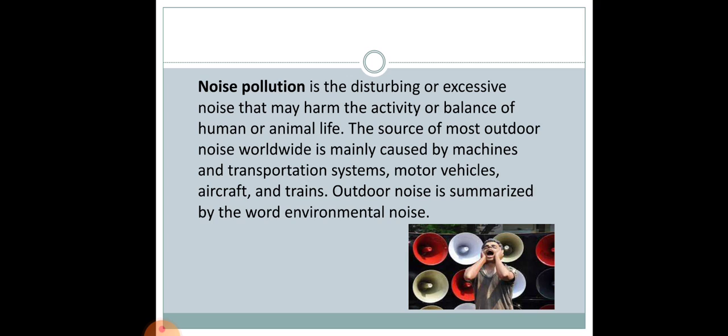It also results in temporary or permanent loss of hearing, as well as disturbances to the wildlife. It also leads to various psychological problems like stress, hypertension, etc. And the most adverse effect of noise pollution can be permanent hearing impairment.